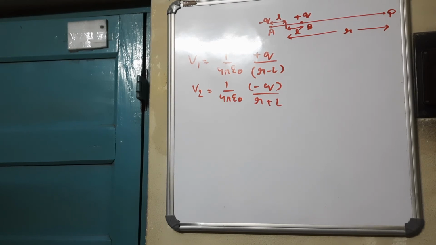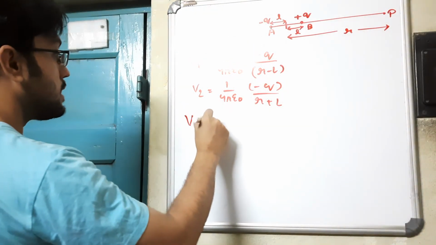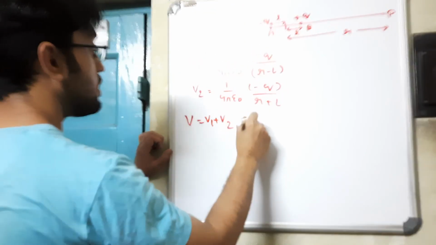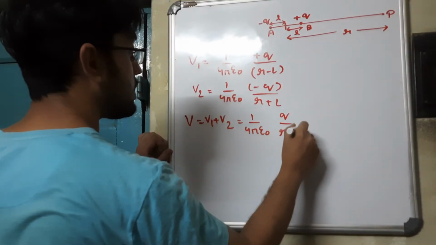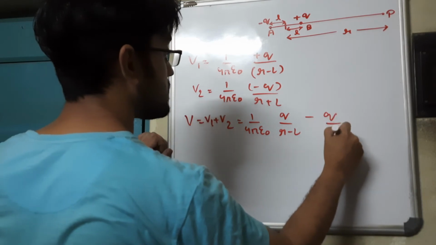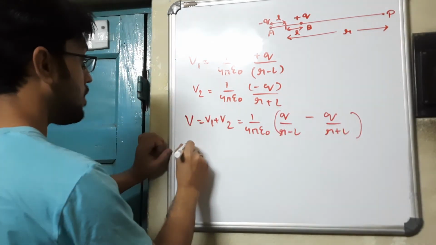The resultant potential at P due to the sum of these two, as we studied, it is going to be the algebraic sum of these two expressions. So 1 by 4 pi epsilon naught common, it becomes q by r minus L minus q by r plus L. So we can take that q outside.